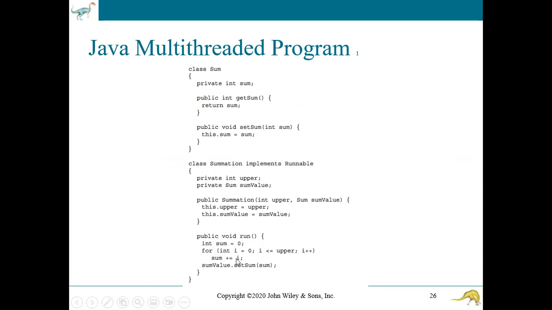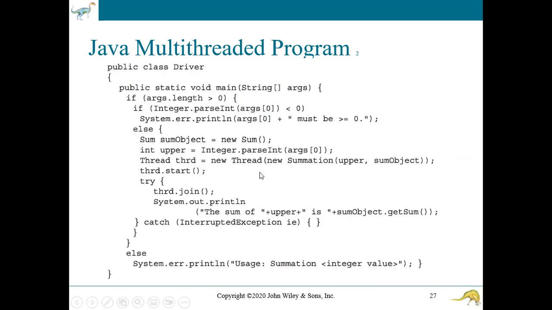That's a method which is going to be executed through the thread. So I'm creating a sum object here, and I'm creating a thread with the sum object. That sum object must have a run function, and that is going to be executed when you run the thread. That's the relation.